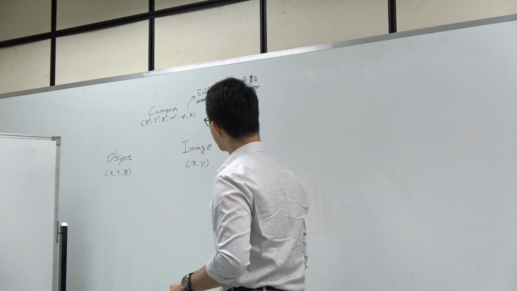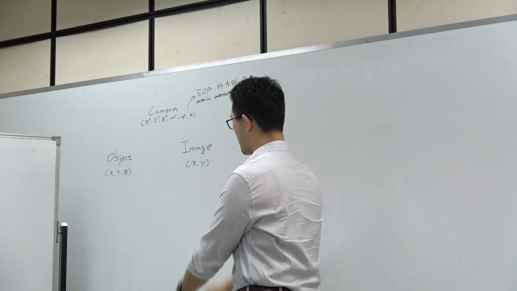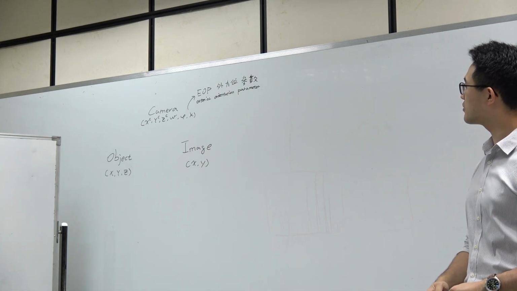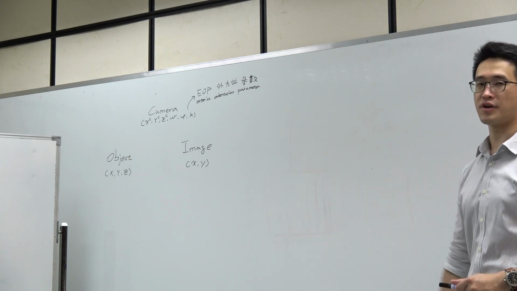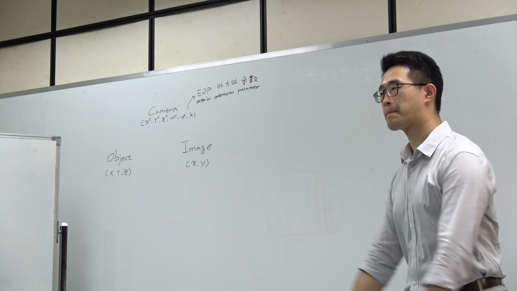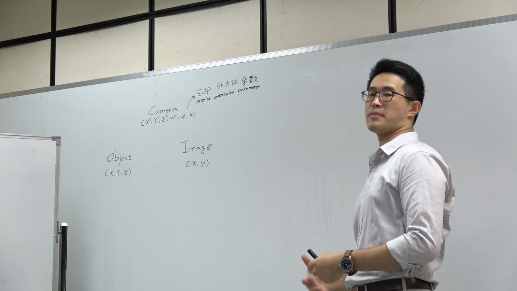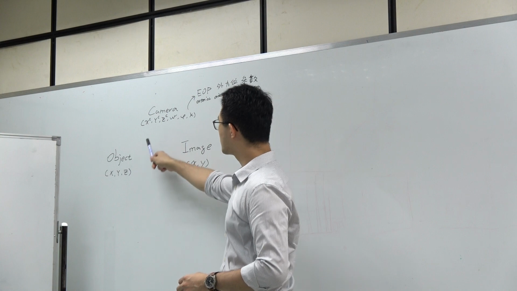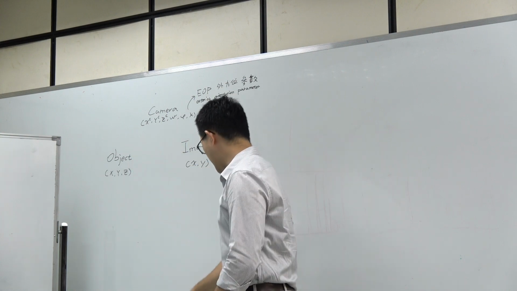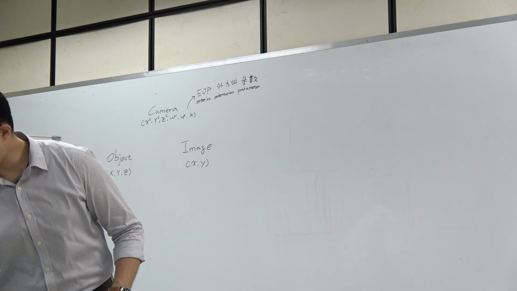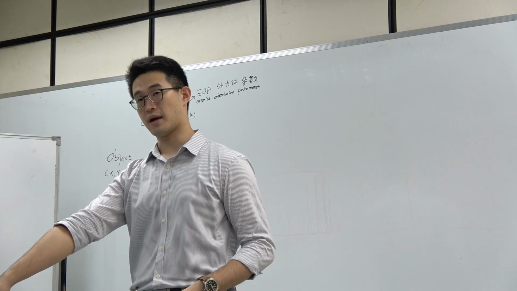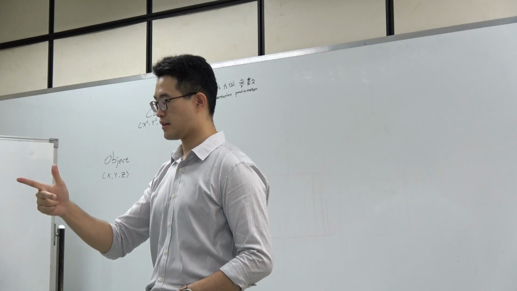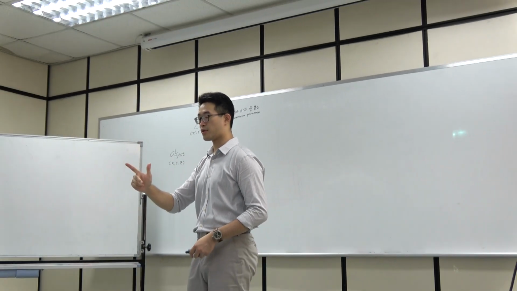So right now, let's define the parameters for them. The next question is how these three characters interact with each other to form the imaging geometry. For example, if you have one object with x, y, z coordinates, and then I have a camera, this is the camera location, this is the camera orientation.